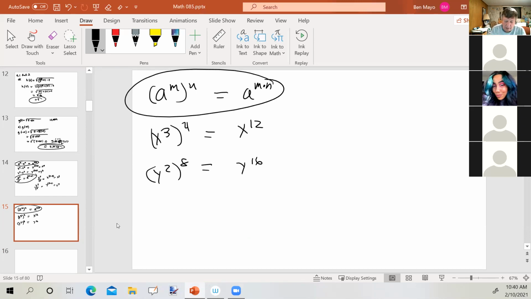I want to point out a difference we need to be careful of, okay? X cubed to the 4th power is x to the 12th power, but x cubed times x to the 4th power would be x to the 7th power. So don't get those two confused.